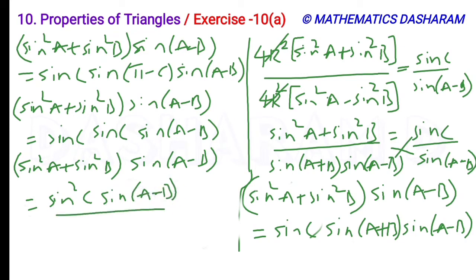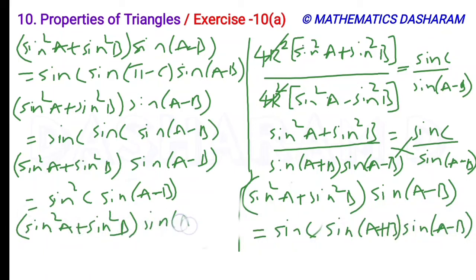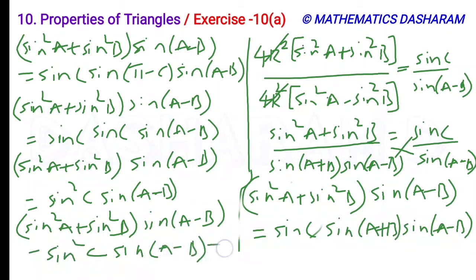Now this complete term is transposed to the left side. So (sin²A + sin²B) into sin(A − B). When you transpose the term to the left side, it becomes minus. So minus sin²C into sin(A − B), and the right side equals 0.